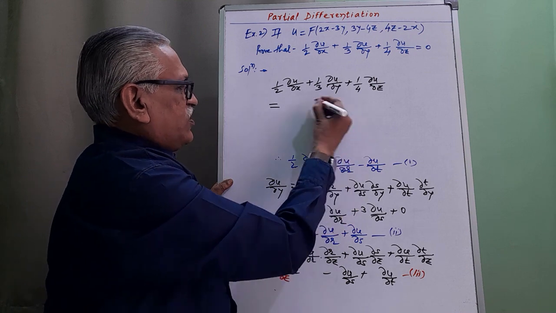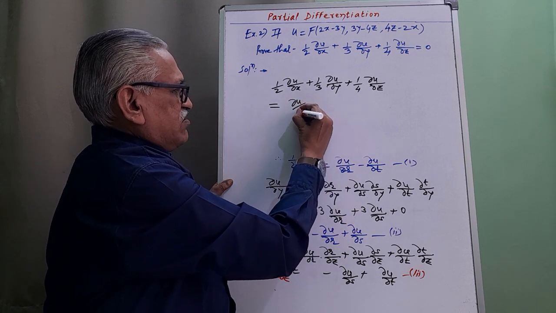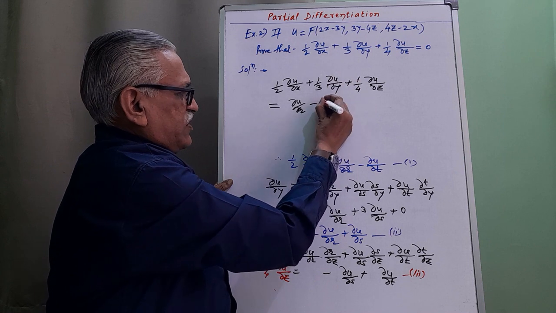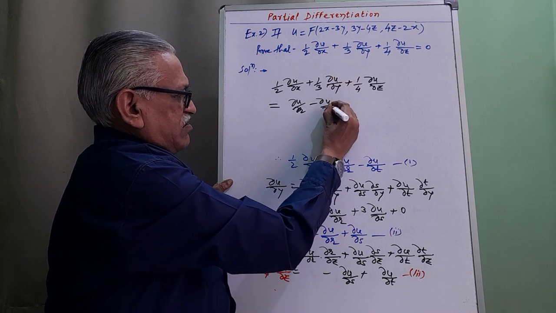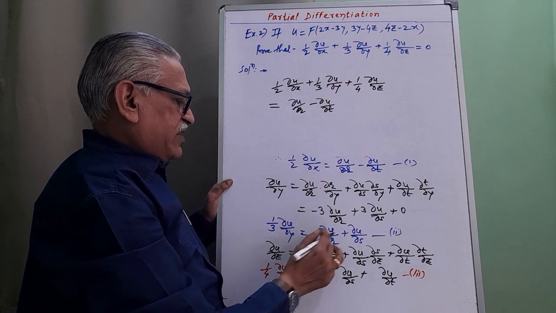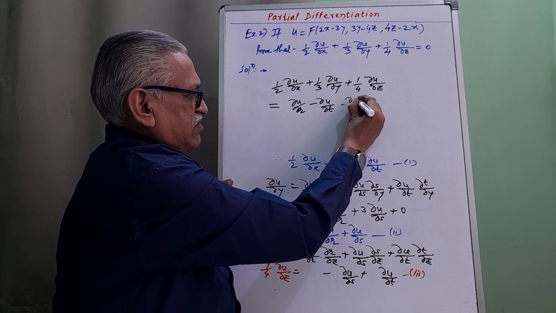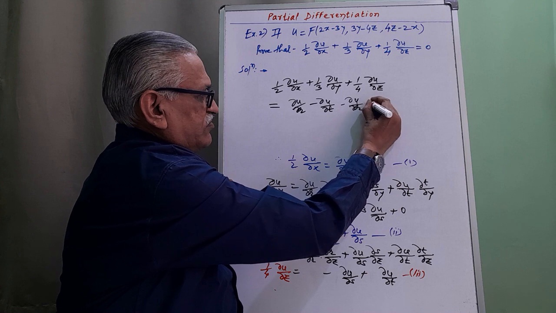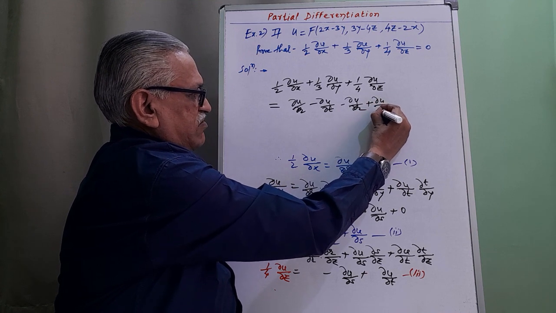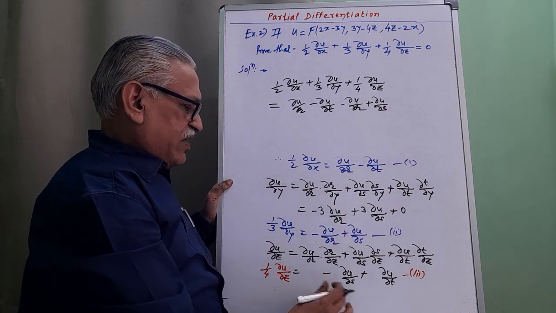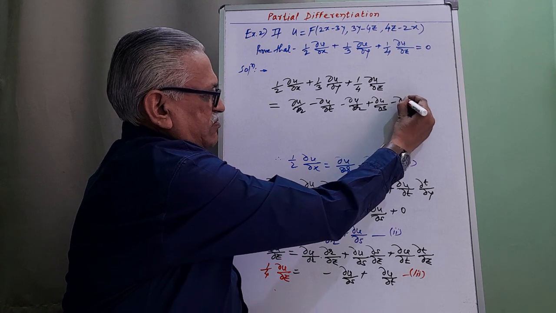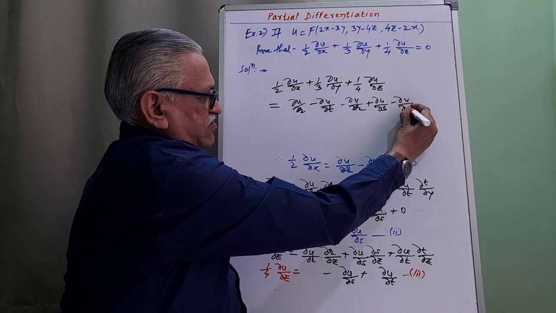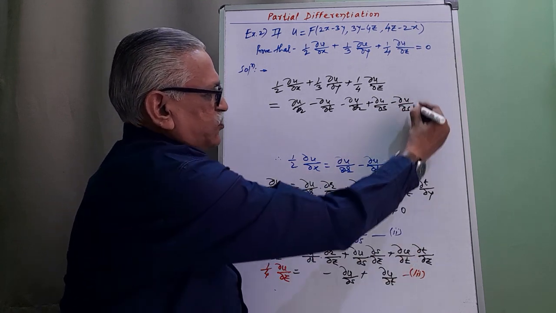First one is dou u by dou r, minus dou u by dou t, minus dou u by dou r, plus dou u by dou s, minus dou u by dou s, and plus dou u by dou t.